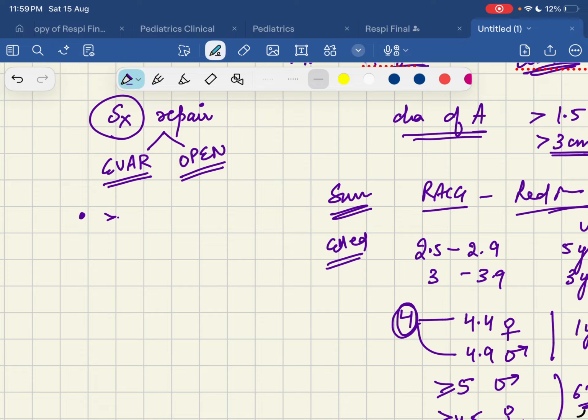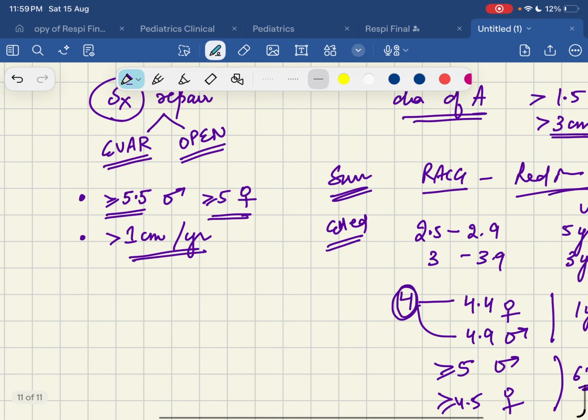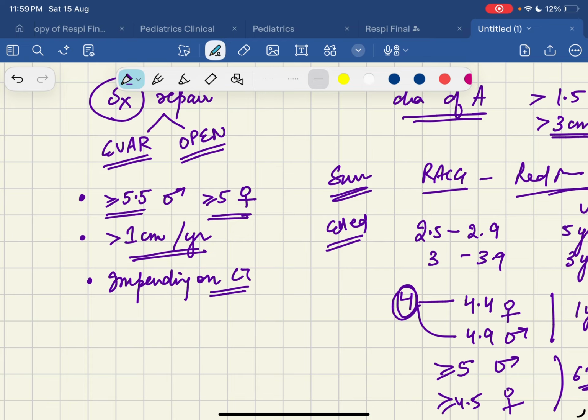See, if the size of the aneurysm is more than 5.5 in males, or more than 5 in the case of females, you need to go for surgery. Or if there is an increase of more than 1 centimeter per year, you need to go for surgery. Or if there is an impending rupture on CT, you go for a surgical repair.